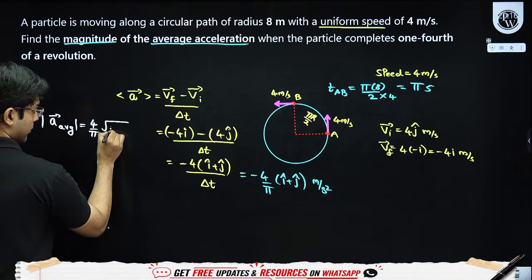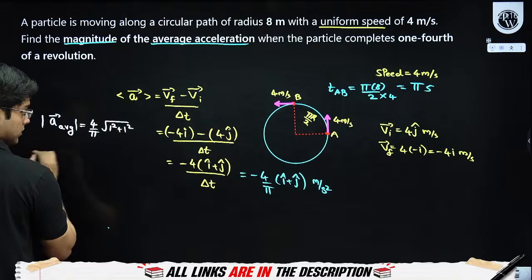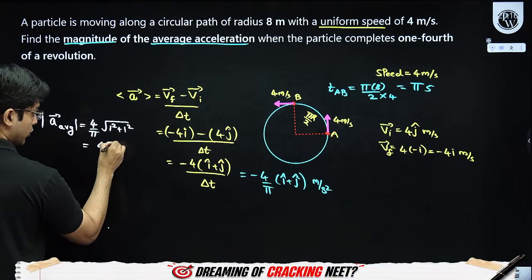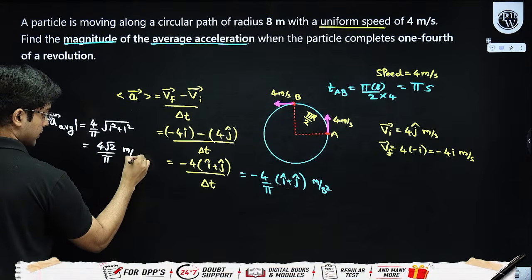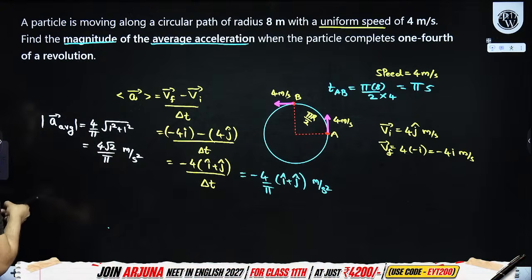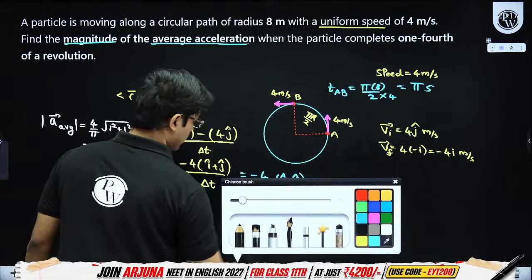That will be root of 1 square plus 1 square, the root of x component square plus y component square. So this will be 4 root 2 divided by pi meters per second square. This is the magnitude of average acceleration. So this is the solution.